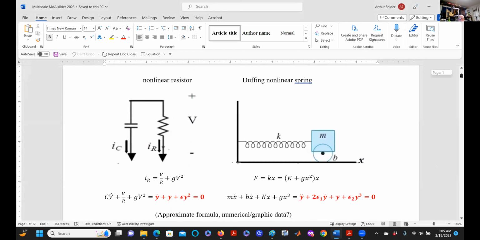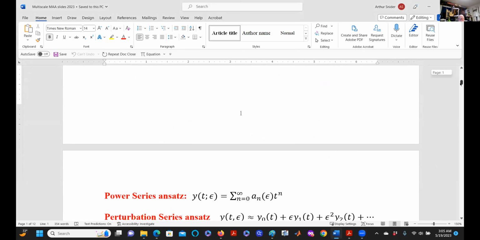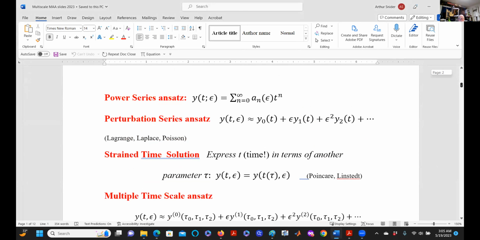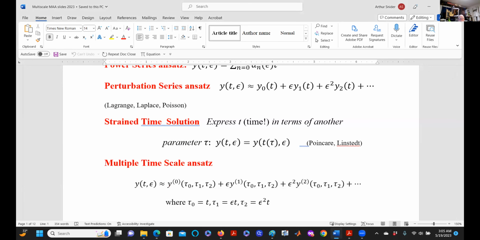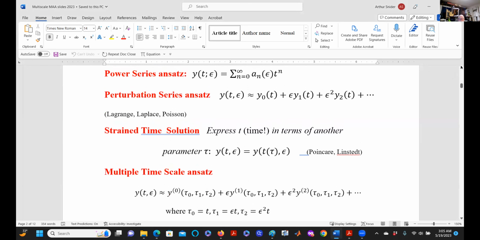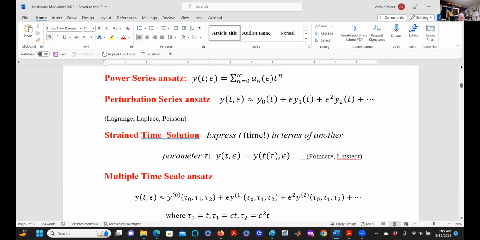I'm going to look at these procedures for approximating solutions to differential equations that you can't solve by the classical undergraduate techniques. The power series, very well known, it's in all the books. Perturbation series, which is sort of a different way of looking at power series.